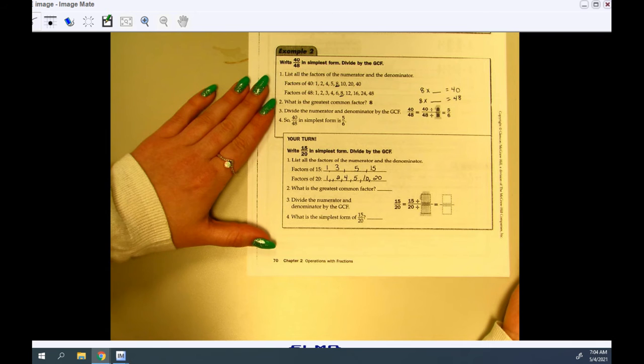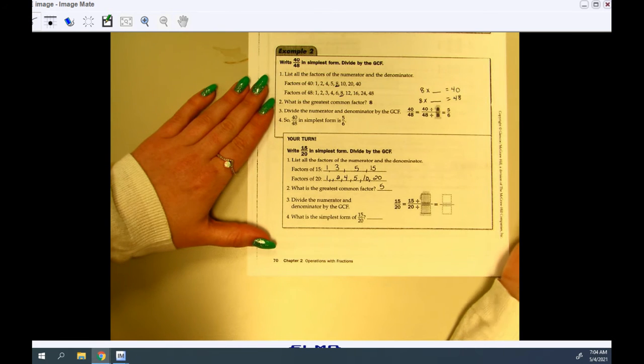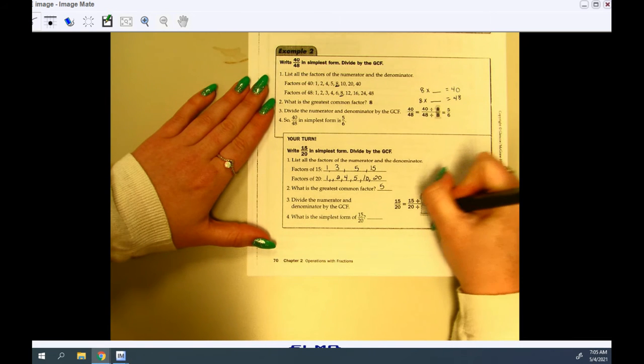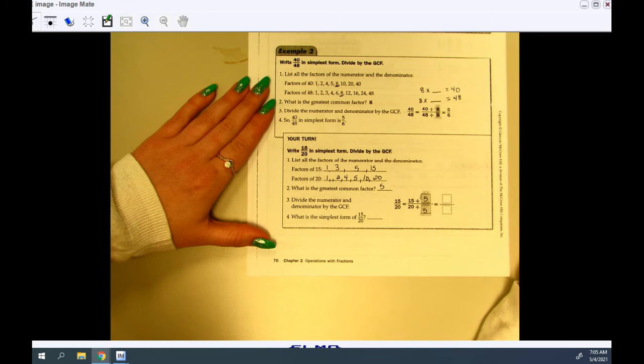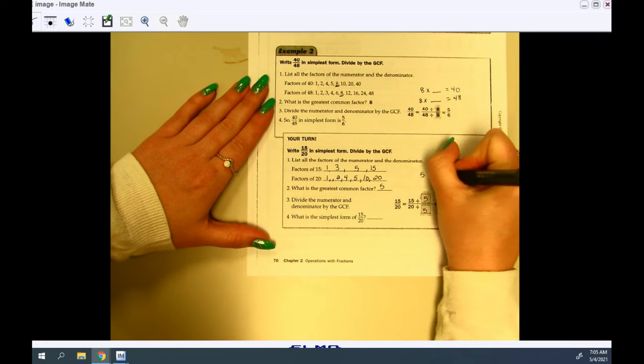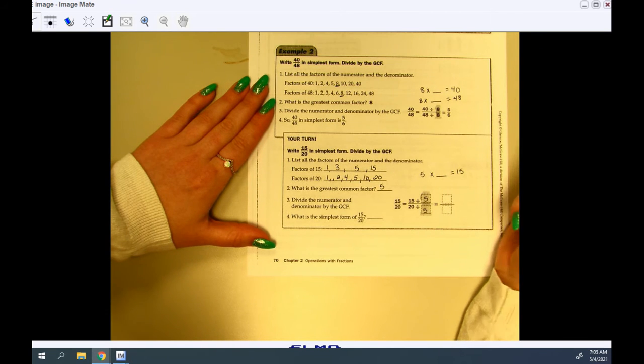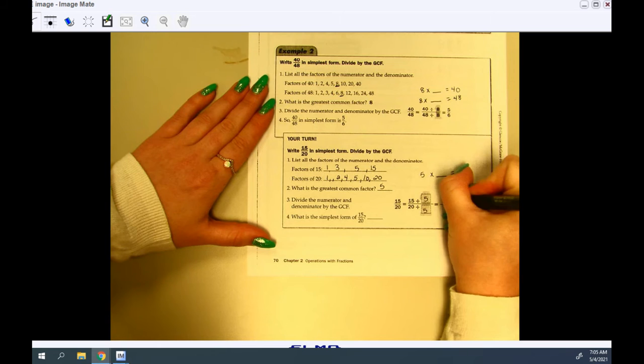Now, if you look at these numbers, we see that 5 is the greatest number they have in common. So now I'm going to divide the numerator by 5 and the denominator by 5. But again, I think this way: 5 times what number gives us 15? When we do that, we know that it equals 3.